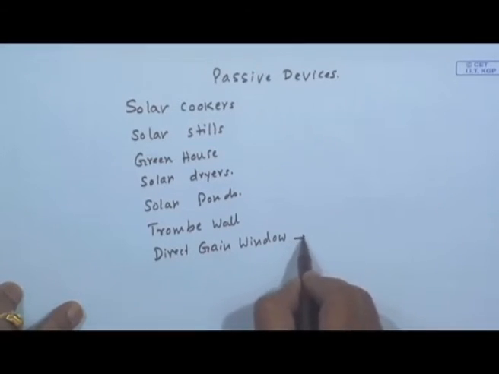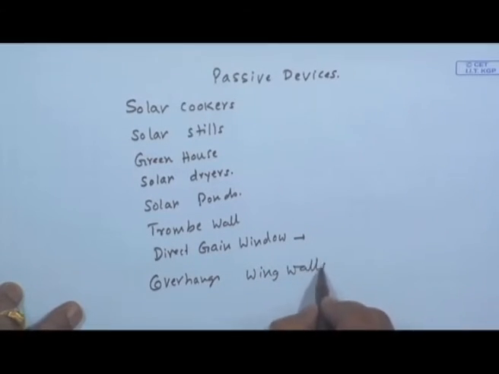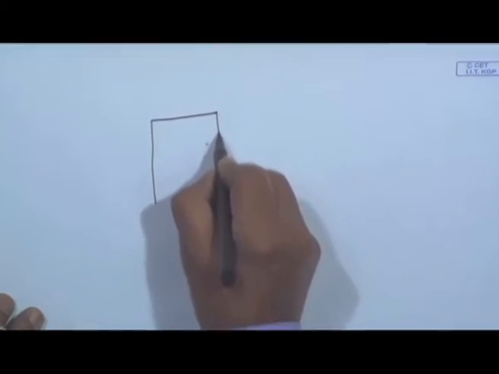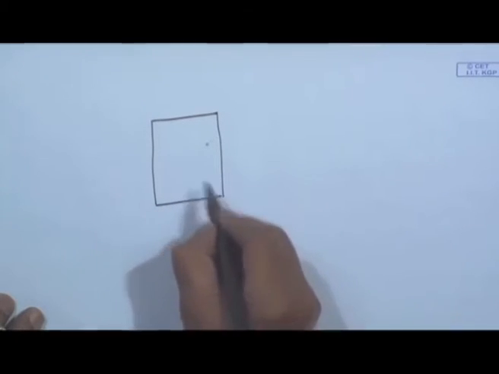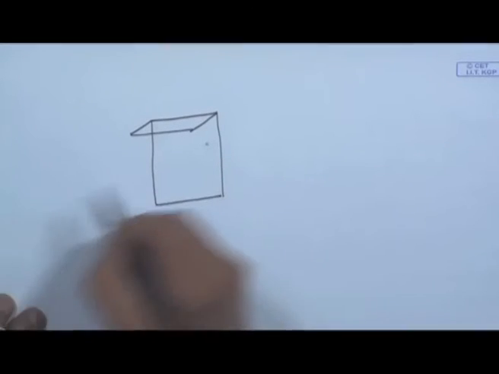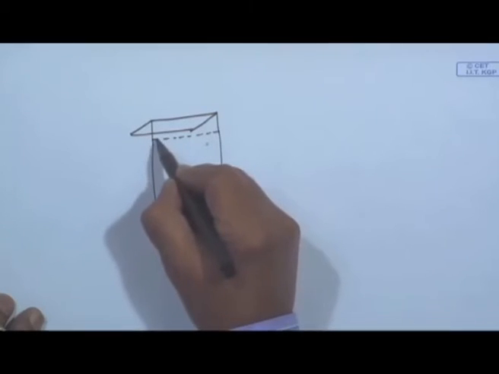Then in this context I mentioned the shading. That is obtained by overhangs or wing walls. Typically, if this is a window, I may have an overhang like this, and it will shade a certain part of the window.